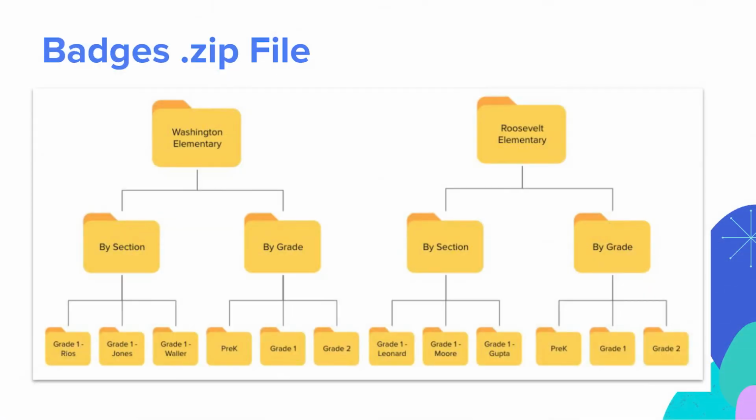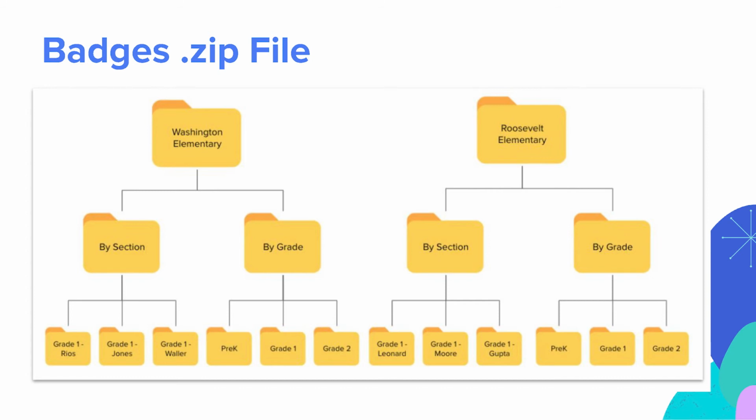Depending on the size of the download, the badges will either download to your computer immediately, or Clever will email you a link to a zip file. If you receive a zip file, it will come organized in folders. The top-level folders contains the name of each school. In each school's folder, you'll have access to all badges for that school, organized in 2 ways.